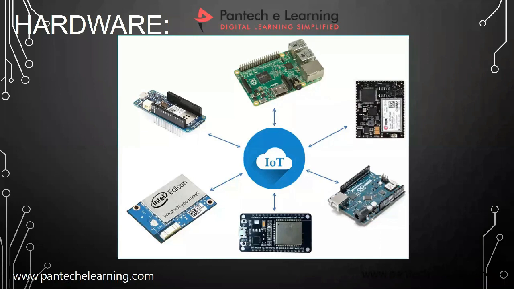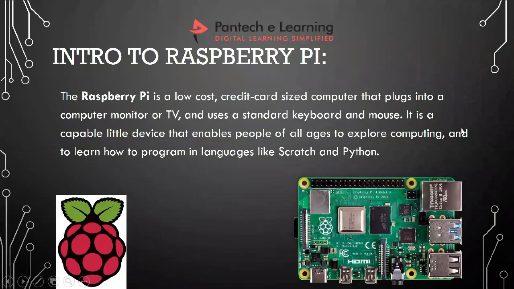Now what is the difference between our system and this Raspberry Pi? The main difference is that the system whatever we use doesn't have any GPIO pins. So what is the use of the GPIO pins?